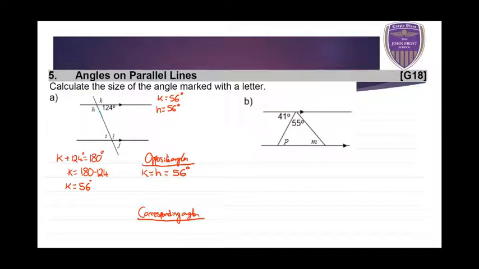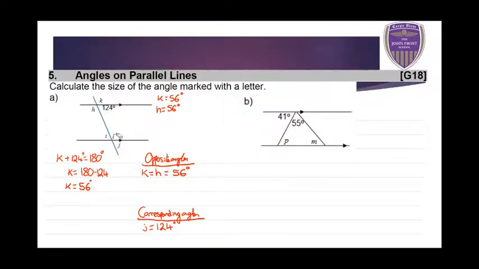If we imagine we draw a letter F into our shape here, the two angles inside the nooks of the letter F, let me draw them in red to highlight them a bit better, are the same, okay? So if we notice that the angle 124 is in the corresponding nook to angle J, that must mean that J is equal to 124 degrees, okay?